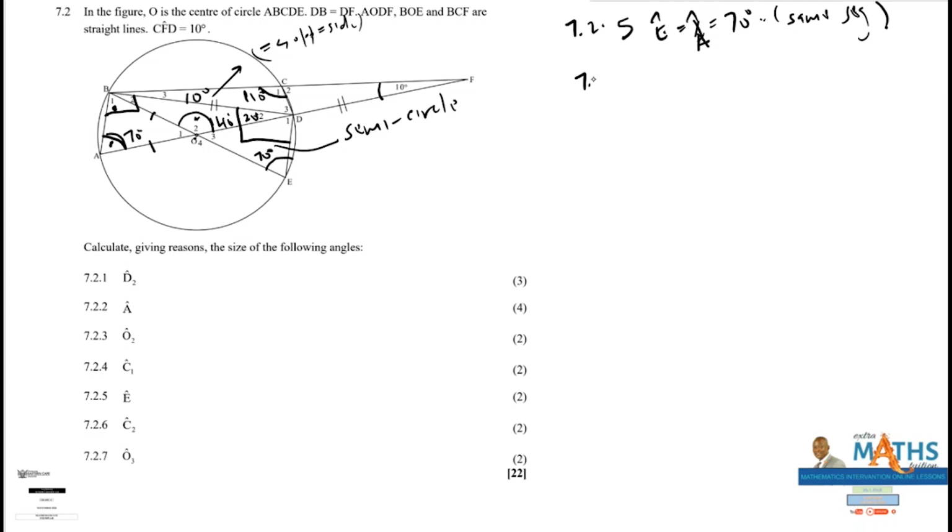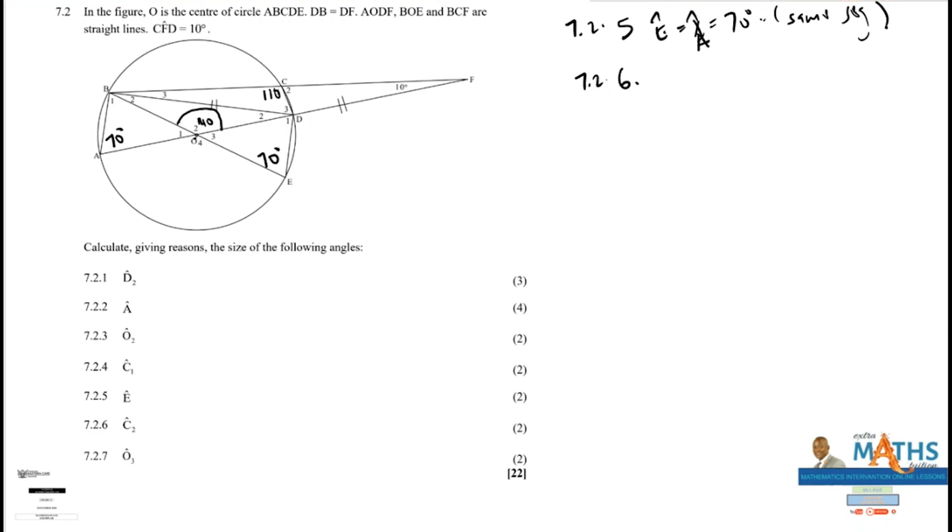Then let's go for 7.2.6. We are looking for angle C2. There's C2. Okay. Right. Now, they want us to find angle C2. For C2, I have C1. I can use an adjacent angle of a straight line to find C2, which is 180 minus 110, which would be 70.